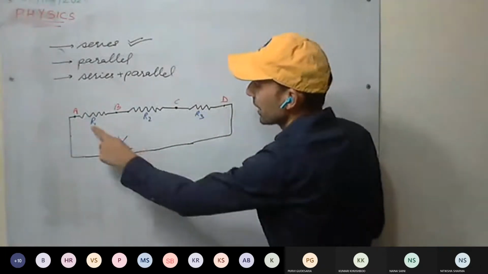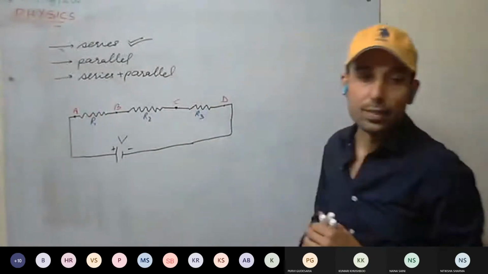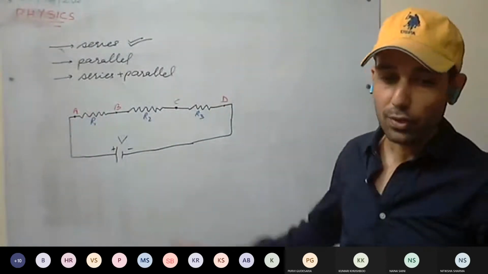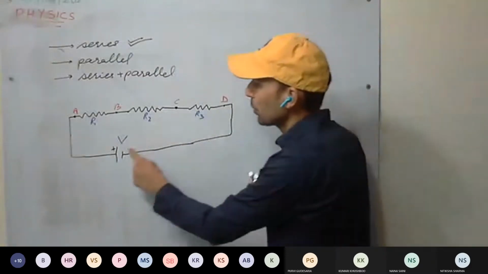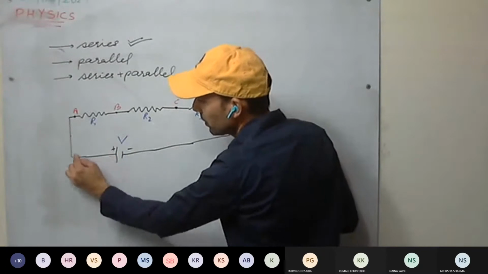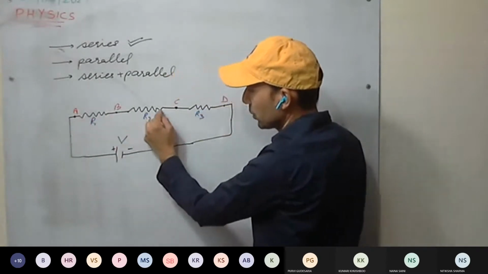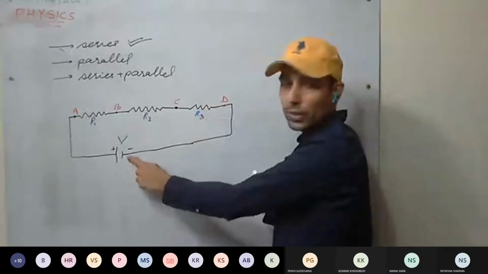Now see here, they are connected in series. So what will happen to the current? Following some facts we must know: which are all the paths? The current will flow from the positive terminal, enter through A, then through R1, R2, R3, and then to the negative terminal.